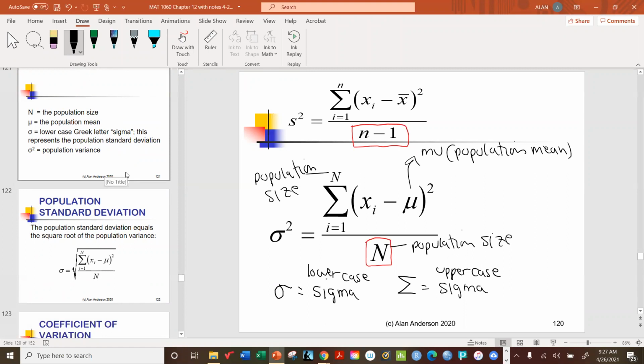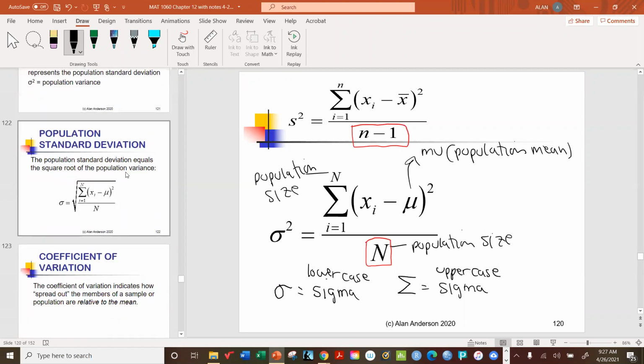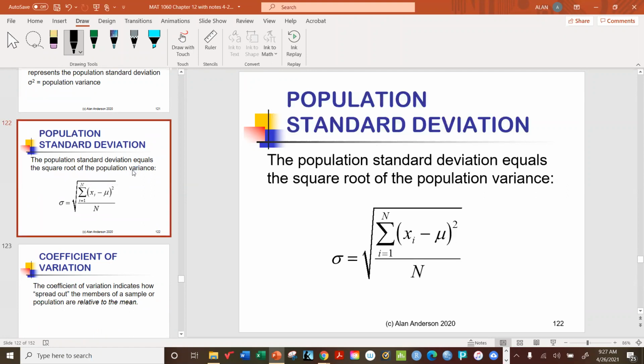So therefore, when we go to calculate the population standard deviation, we're literally just taking the square root of the population variance. It's so easy. Watch this. Oh yeah, there you go. So the population standard deviation is the square root of the population variance.